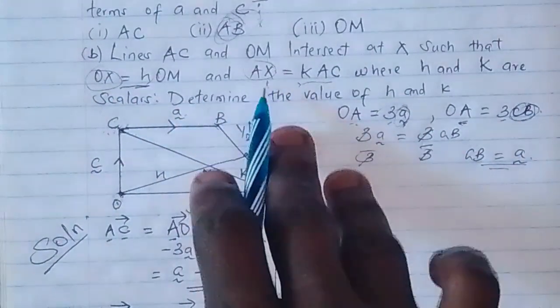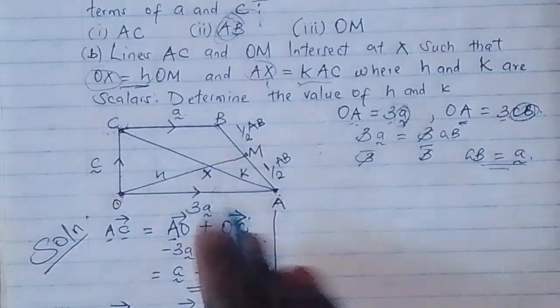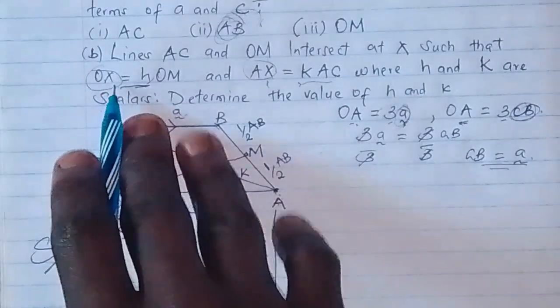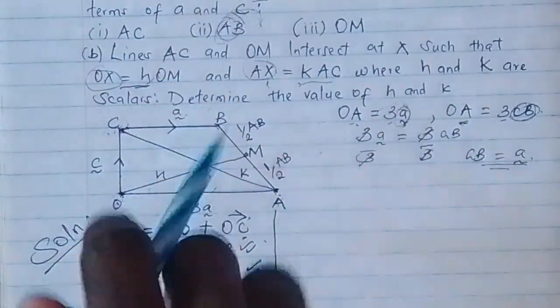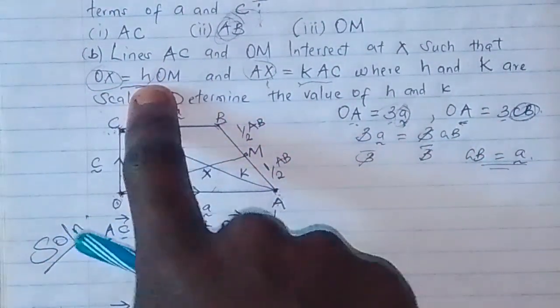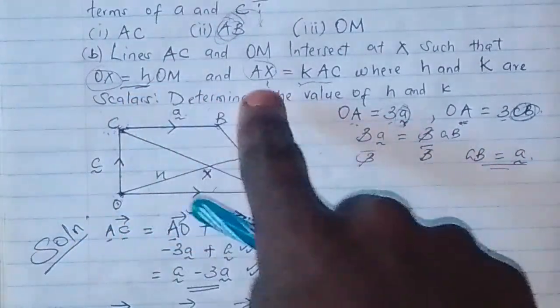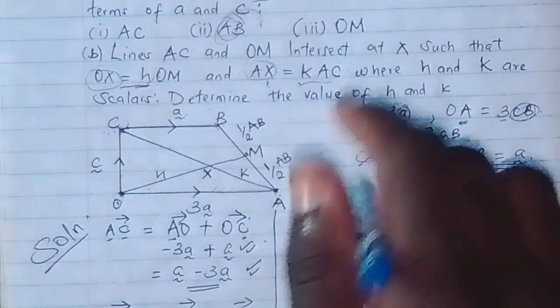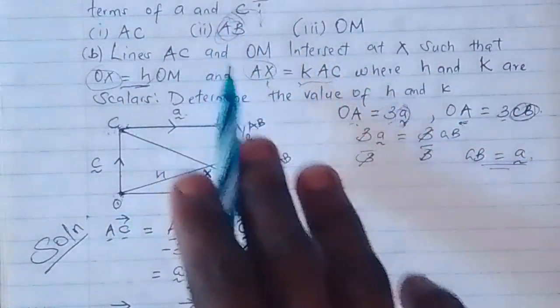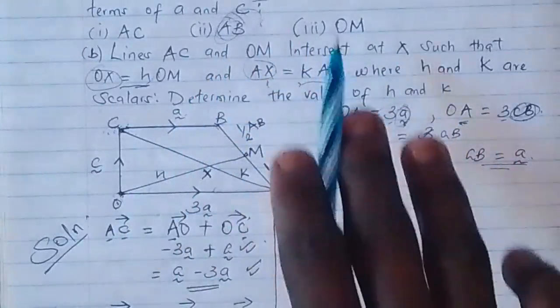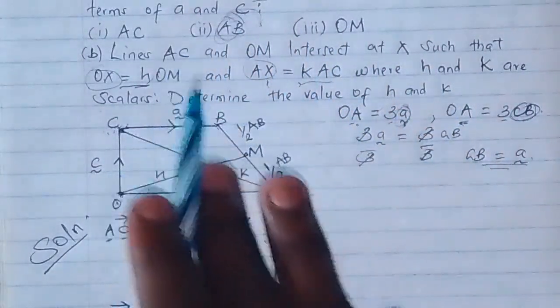But if we are expressing OX in two ways, then the first is the straight direction, and in the second expression, AX should be there. Understood? AX should be there.